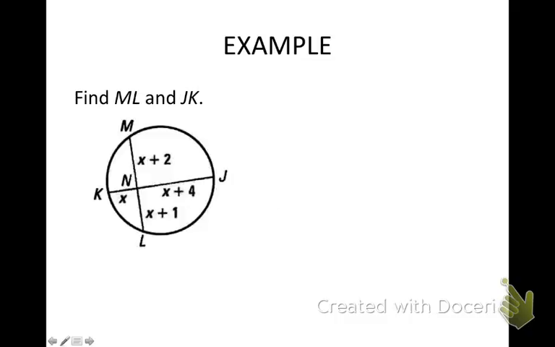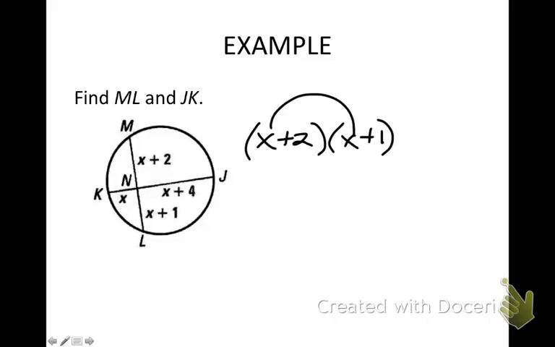Here we have more algebraic expressions that we need to deal with. So let's start with chord ML. The top half gives me x plus 2. The bottom half gets me x plus 1. How do we multiply a binomial times a binomial? This is a binomial, 2 terms. Not factoring, foiling, right?